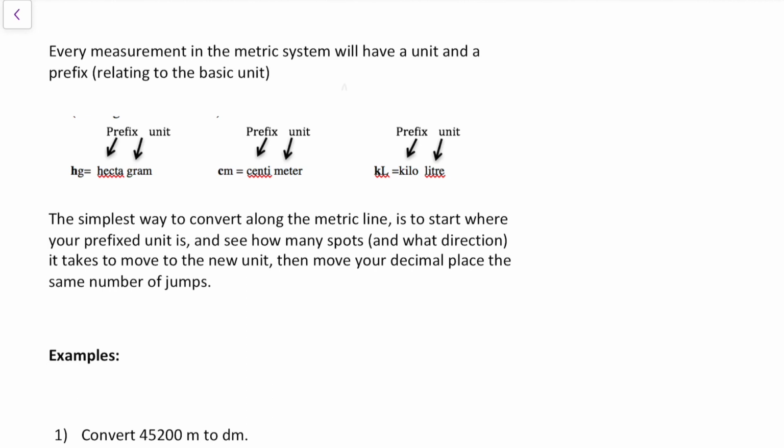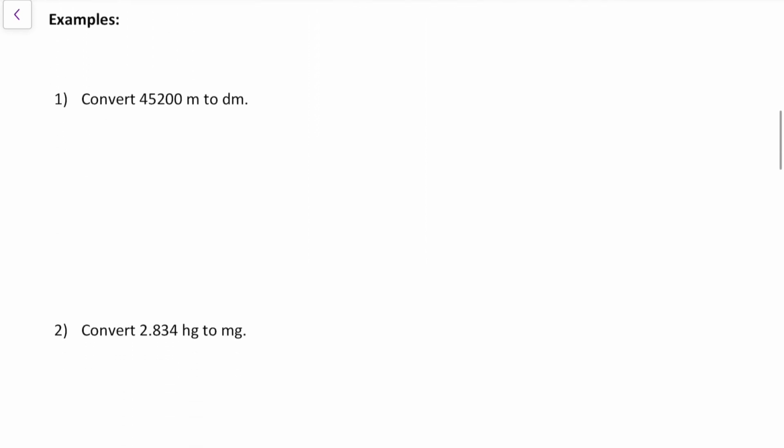And so the simplest way to convert along this line is to see where your unit is and where you're trying to get to, and then count the number of spots or jumps you need to get there. So for example, if I want to convert 45,200 meters to decimeters, we can look at our scale.